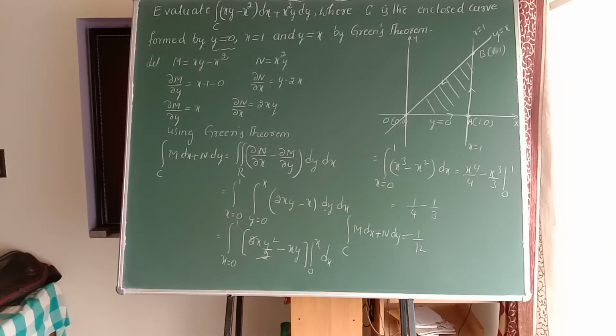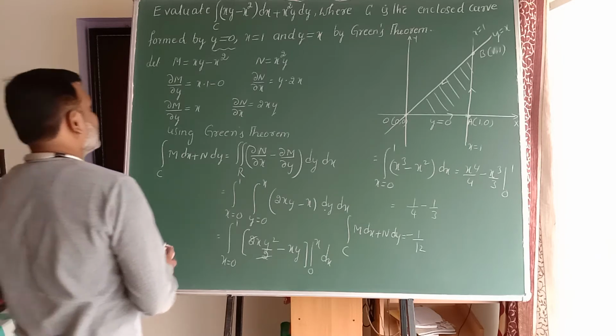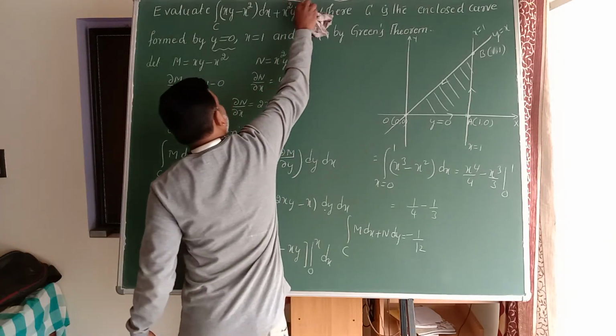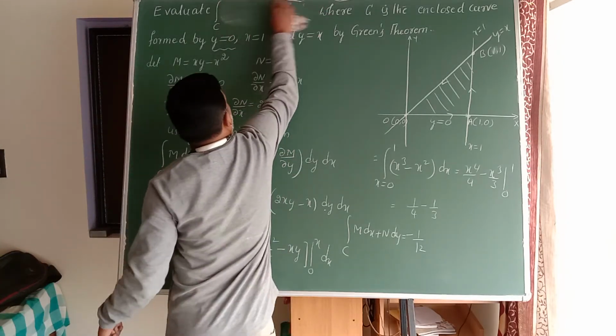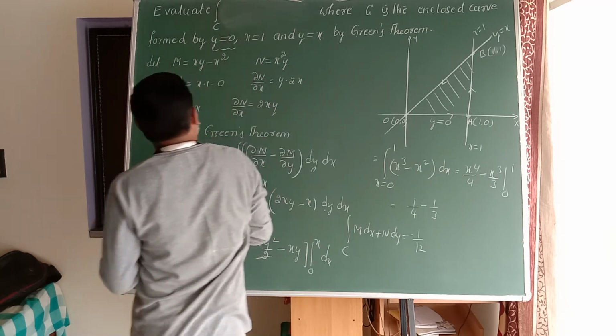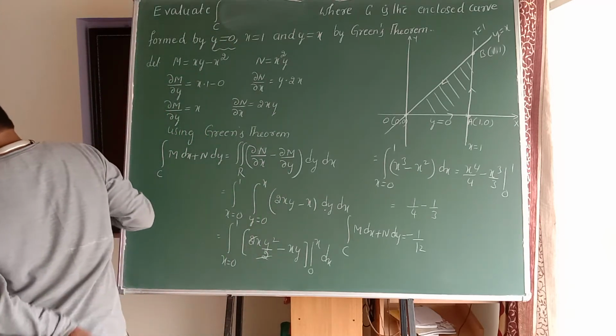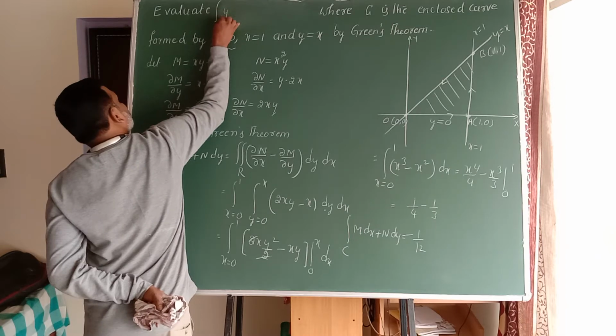Okay, and now we can find out the last problem. Evaluate over C, y minus sin x into dx plus cos x into dy. This is a very beautiful problem, the last problem of Green's theorem.